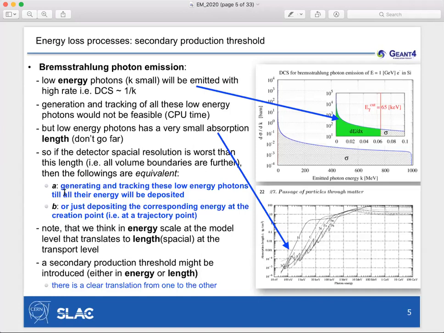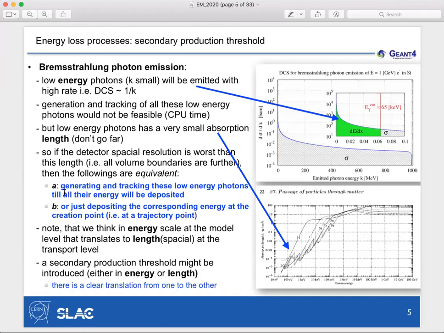So I hope this makes sense, and this makes it possible to speed up the simulation of Bremsstrahlung photon emission, or actually the simulation of electron transport with Bremsstrahlung photon emission at intermediate and high energies.